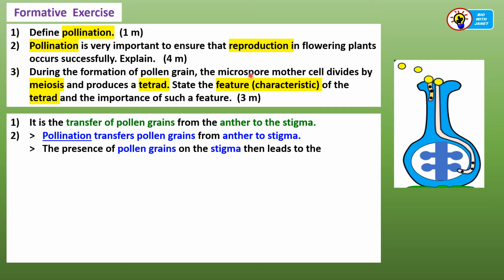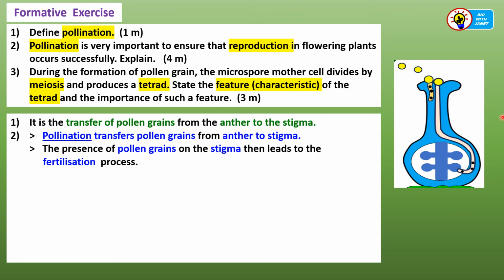Now, pollination is very important to ensure that reproduction in flowering plants occurs successfully. Explain. So, important to ensure reproduction. So, what is the importance of pollination where reproduction is concerned? Okay, so pollination helps to transfer the pollen grains from the anther to the stigma. And after that, the presence of pollen grains on the stigma will finally lead to the double fertilization process.